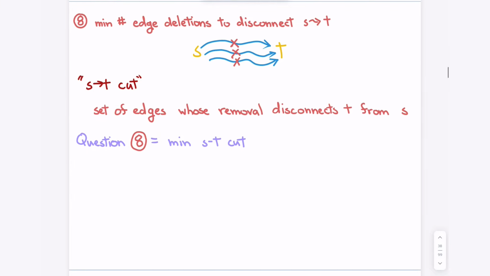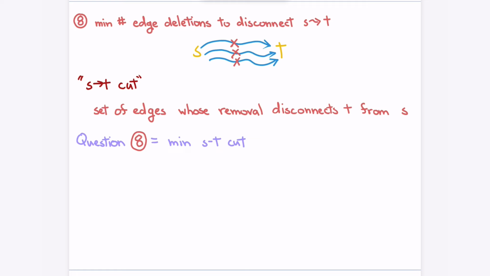The other kind of dual problem, I'll explain what I mean by dual in a moment: what is the minimum number of edges you need to disconnect S from T? I want to think of this as the opposite of packing paths into edges.